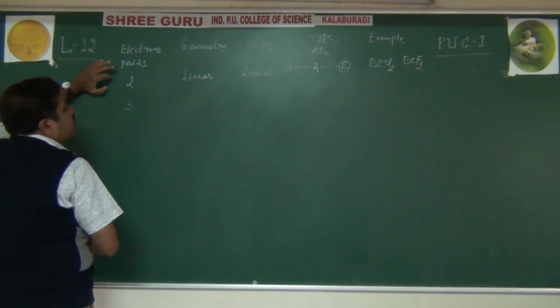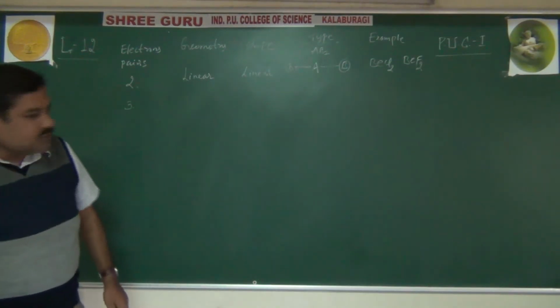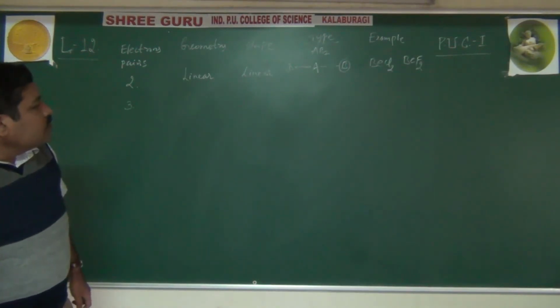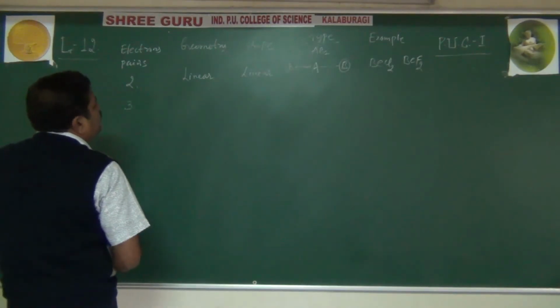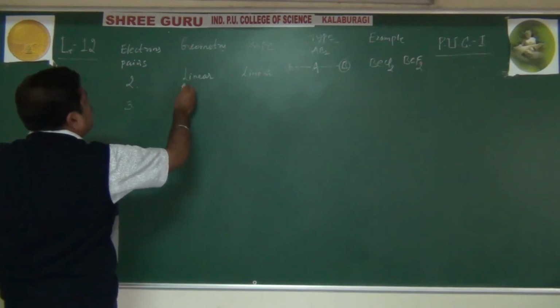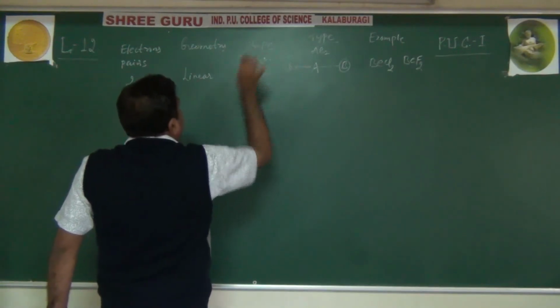Then, if the number of electron pairs is 3, one thing I want to show here, before geometry: bonding pair and lone pair. Here I will write two bonding pairs.